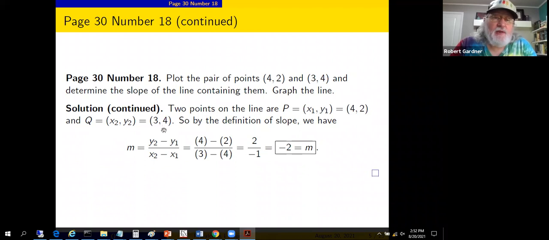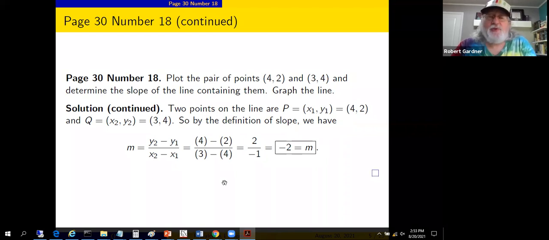That's the 4 and the 3, y2, x2, 4, 3, in that order. So the y2 will appear here, the 4 will appear here, and the 3 will appear here. x1, y1, 4, 2, bottom and top. I have the x1 on the bottom and the y1 on the top. So I have the 4 and the 2 here.